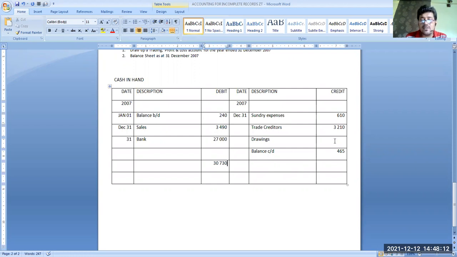So 26,445 is your cash drawings. Getting my point here? That's why we have made the cash account, because one figure, drawings, was missing, and now we have calculated it.